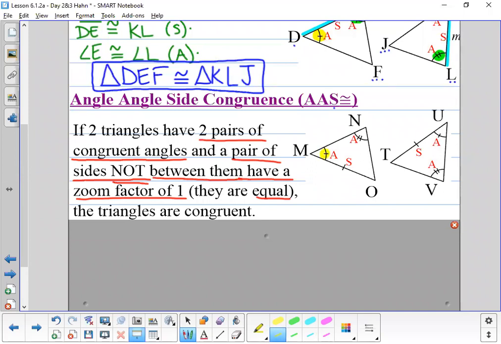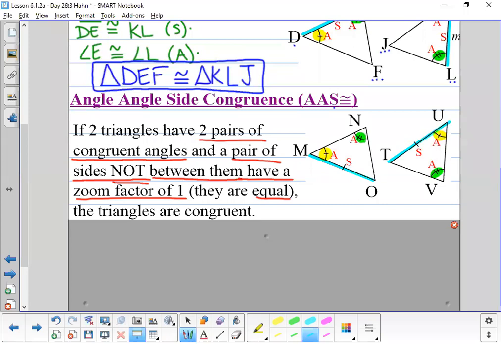So again, I'm going to highlight what pair matches up. Angle M is going to be congruent to angle U because they both have one hash mark. Angle N is congruent to angle V because they have the two hatch marks. And then my side length, MO, is congruent to my side length, TU.